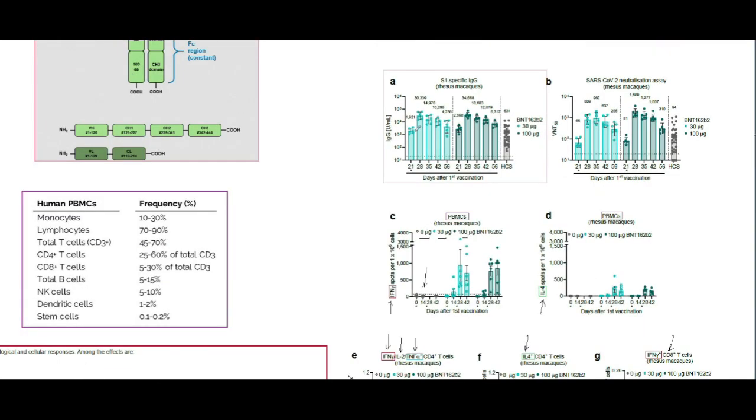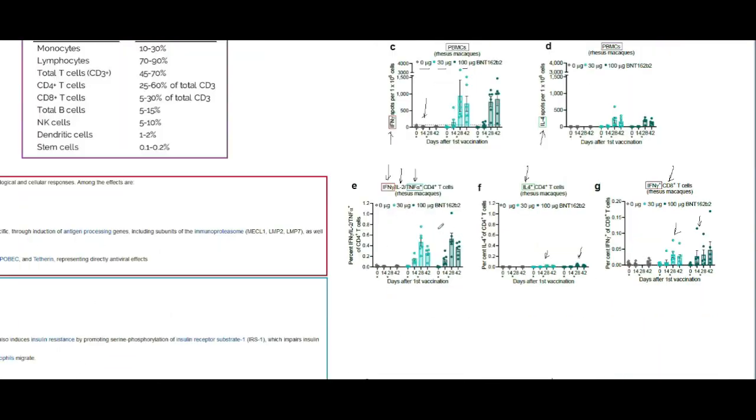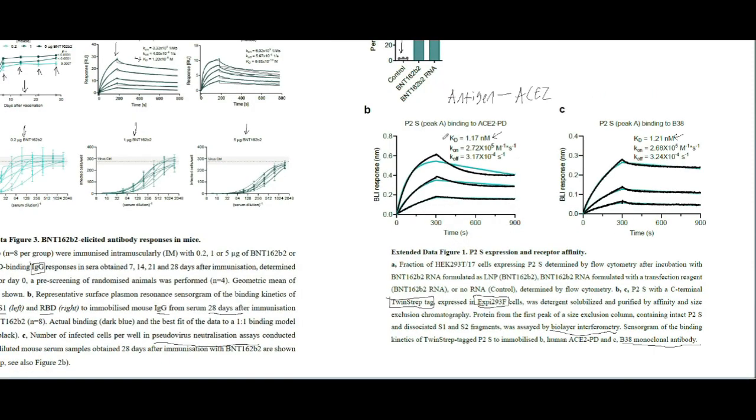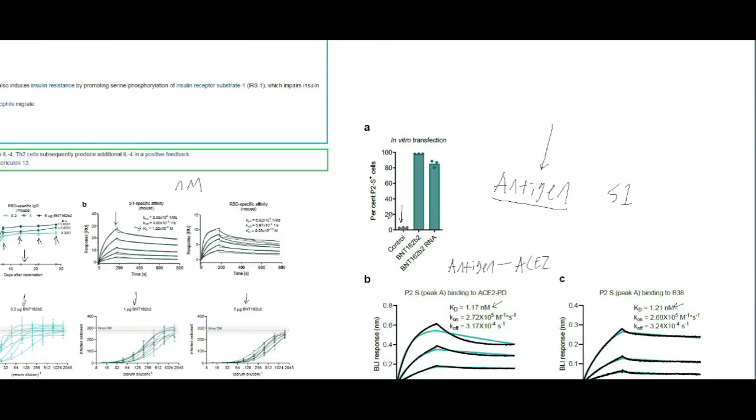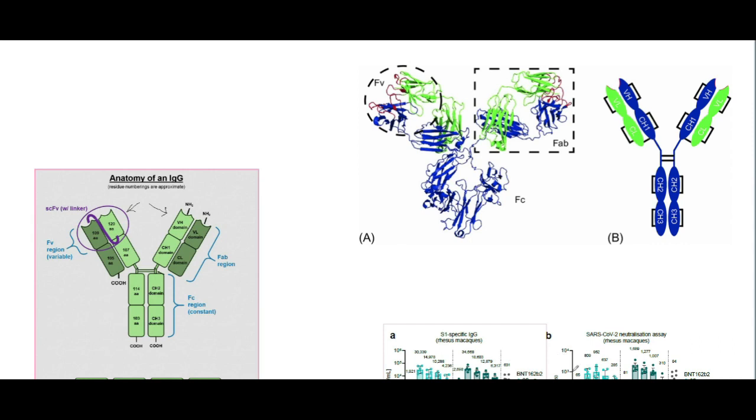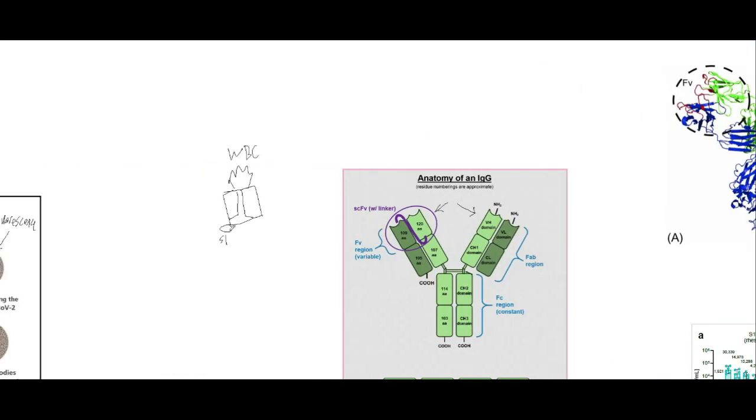We want to start seeing this increase in the IgG, and this is the binding affinity that I was talking about up here, where this is binding to the S1. We want it to bind tight to the S1, and we want it to bind specific to the S1.